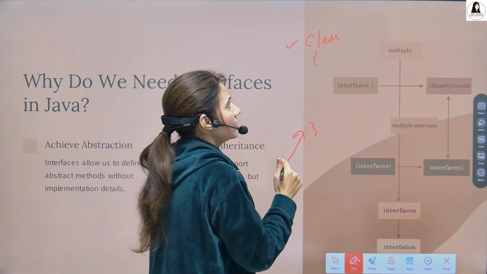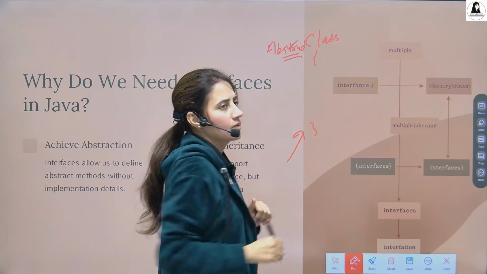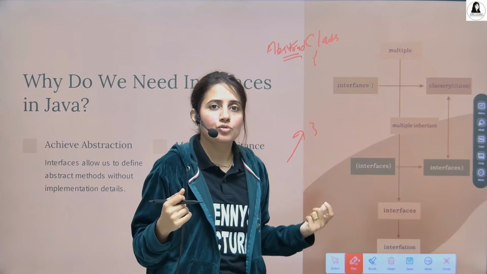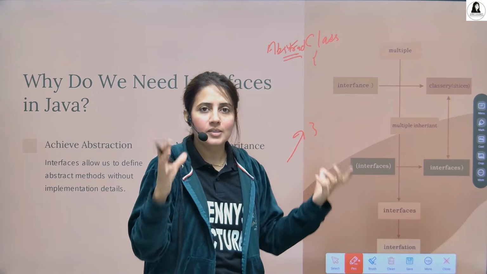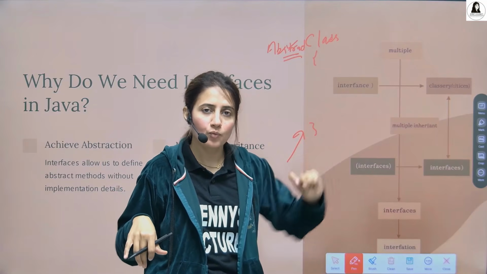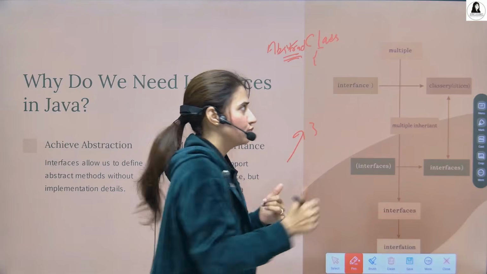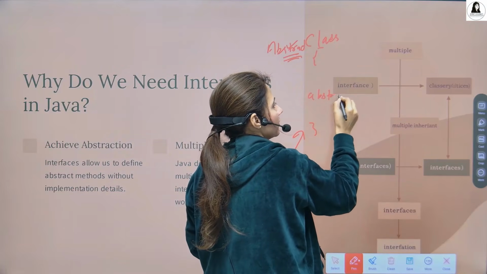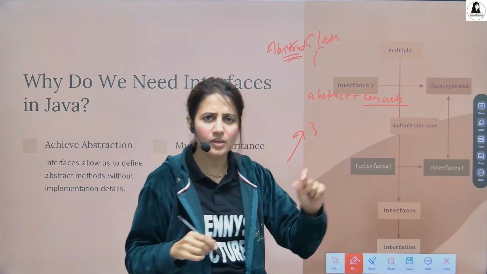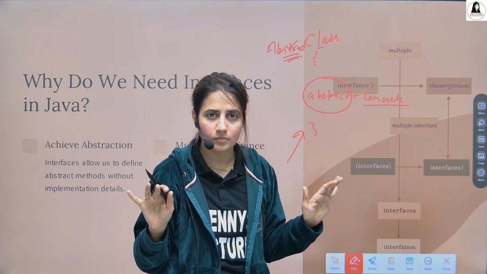If the super class is an abstract class, I have also shown you this; we have discussed what abstract classes are. Basically, these are also a contract, or a common design or common blueprint for all the subclasses. But what is the difference between a simple class and an abstract class? In an abstract class, we can have both abstract methods and concrete methods. A concrete method is a method having implementation, or a method body. Abstract methods have no implementation, right?